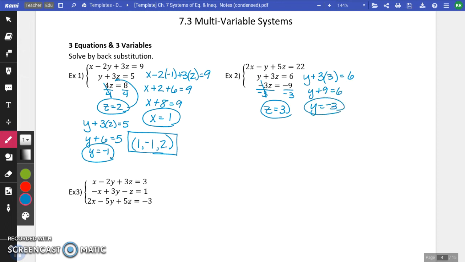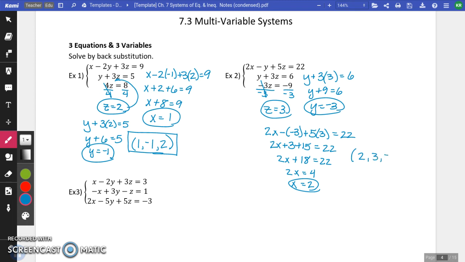And then finally, I can take both y and z and plug them into the first equation so that I can solve for x. Okay, so it looks like I have 2, 3, and -3.